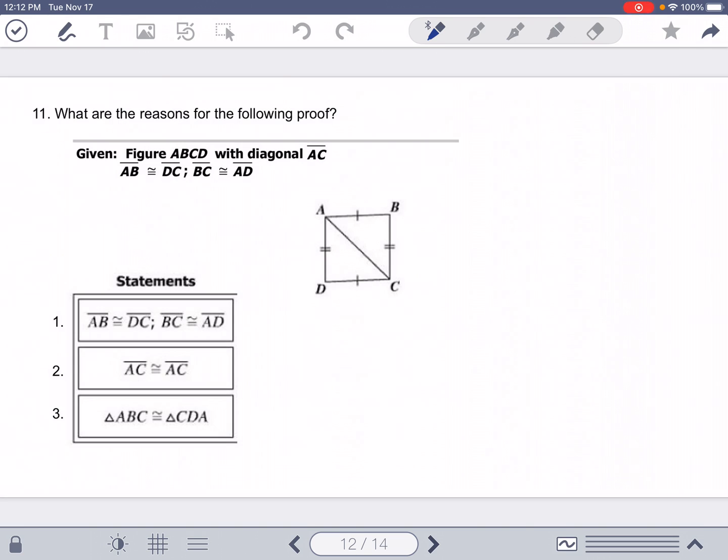11, what are the reasons for the following proof? All right, so I'm given 3 statements. I can prove that these two triangles are congruent in 3 statements. So AB congruent to DC and BC congruent to AD. That was given. Why can I say AC is congruent to AC? Reflexive property. And then which shortcut?